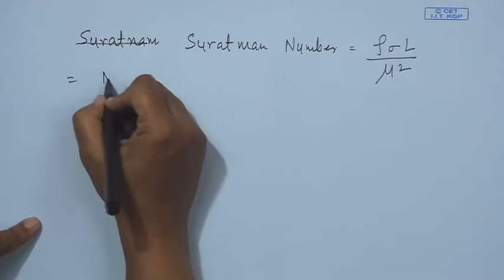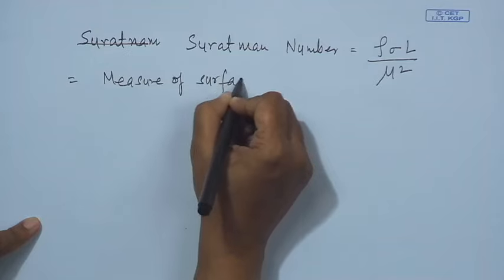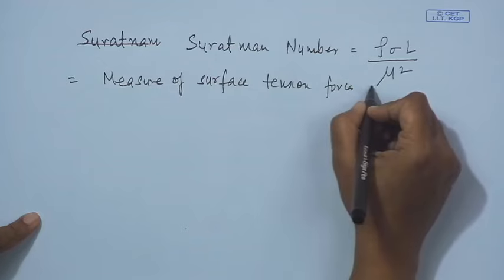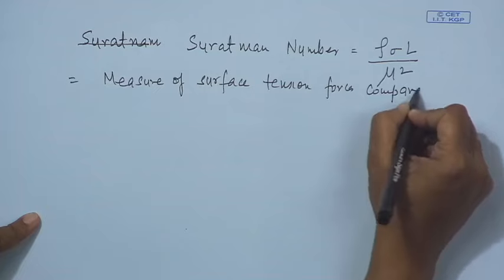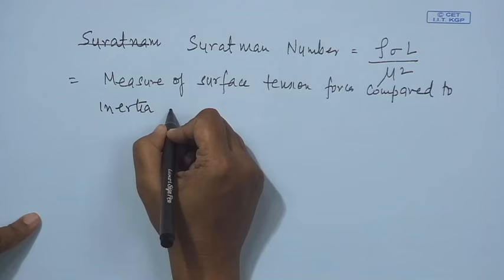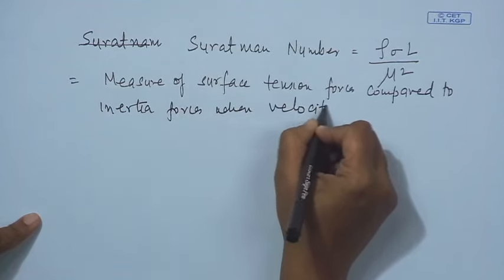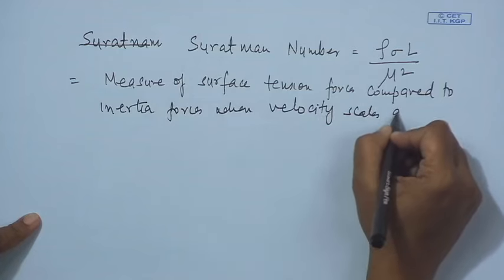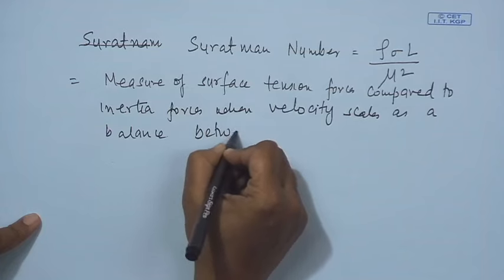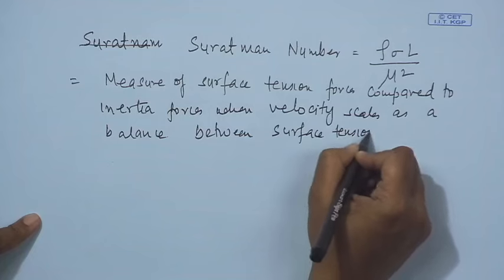It can be referred to as a measure of surface tension forces compared to inertial forces when velocity scales as a balance between surface tension and viscous drag.